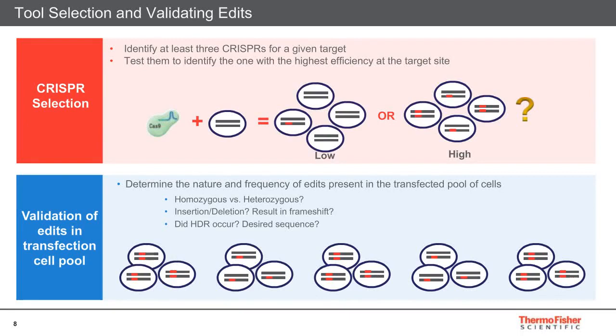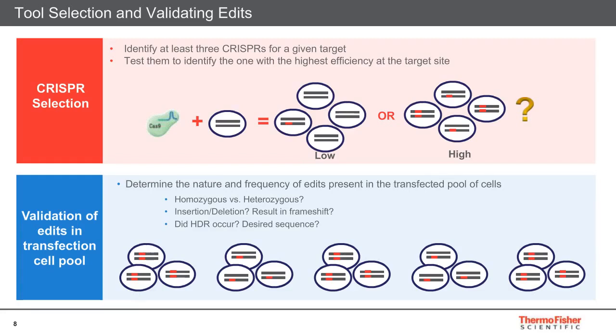Alright, so we have made a CRISPR, and for every situation we usually recommend that a user design at least 3 CRISPRs for a given target. Test them to identify the one with the highest efficiency at the target site.